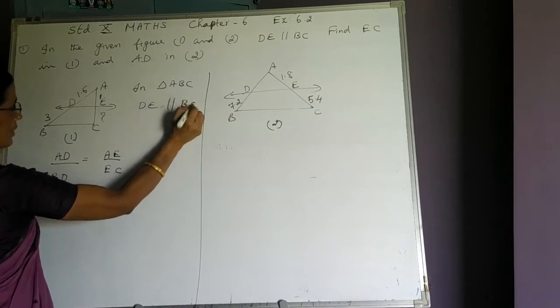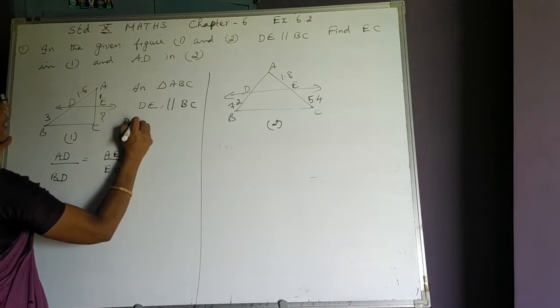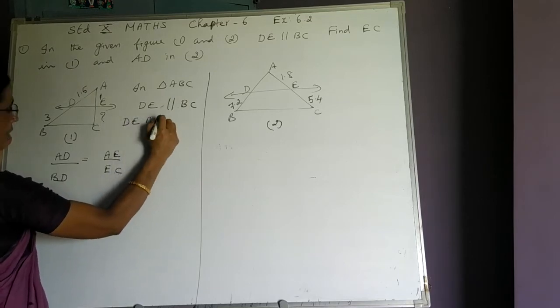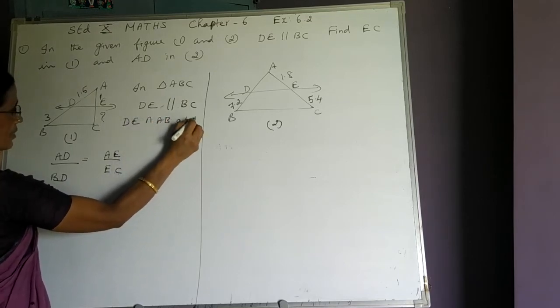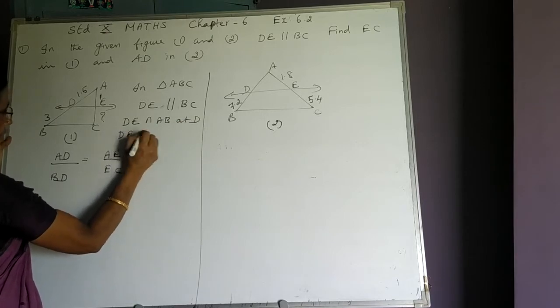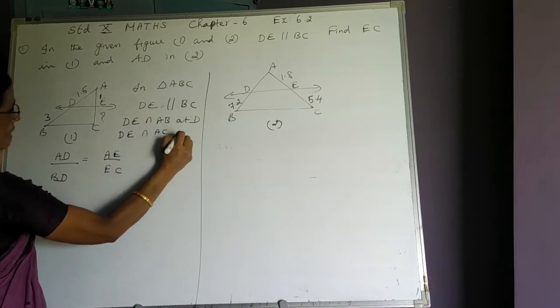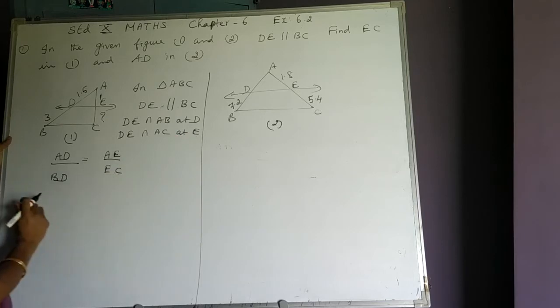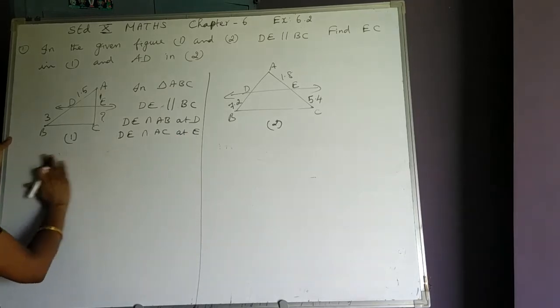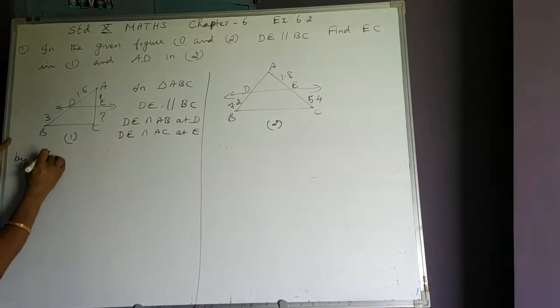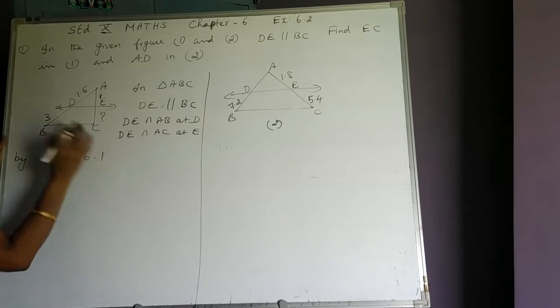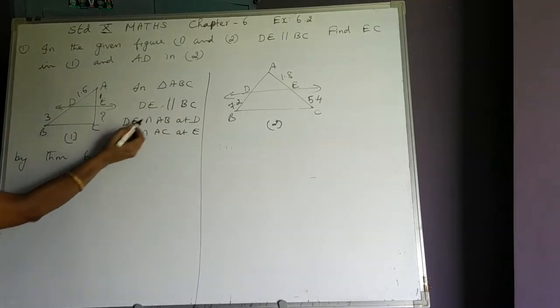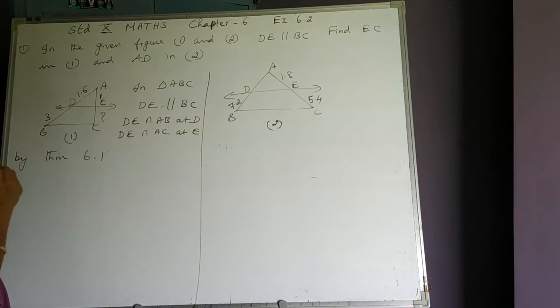Parallel to BC. DE intersects AB at D. DE intersects AC at E. Therefore, by which theorem? By the BPT theorem, or theorem 6.1. Because these conditions are true for the given figure, we are using the BPT theorem.